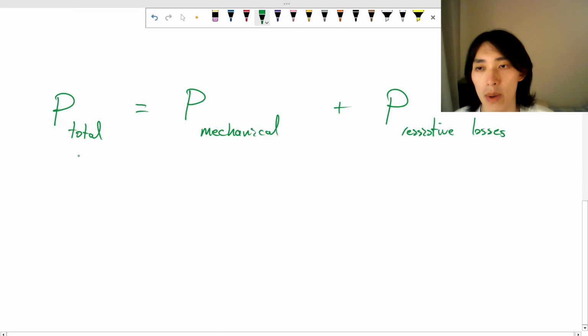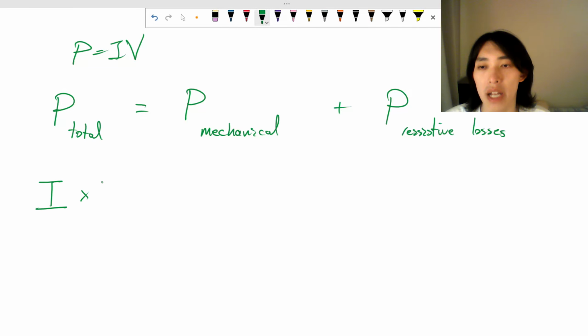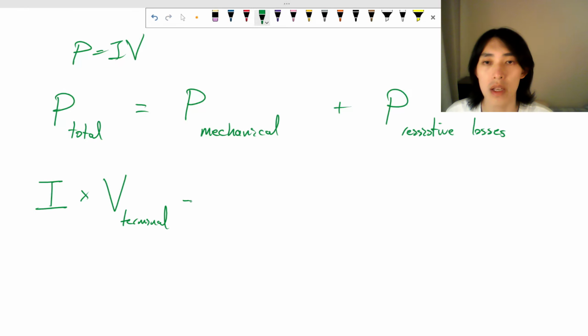Let's also quickly record that P is IV, right? So the total power that we get in will be equal to our current, there's only one real current, times the V supply, but we can also write V terminal. Both of these are the same, and will equal the mechanical power.